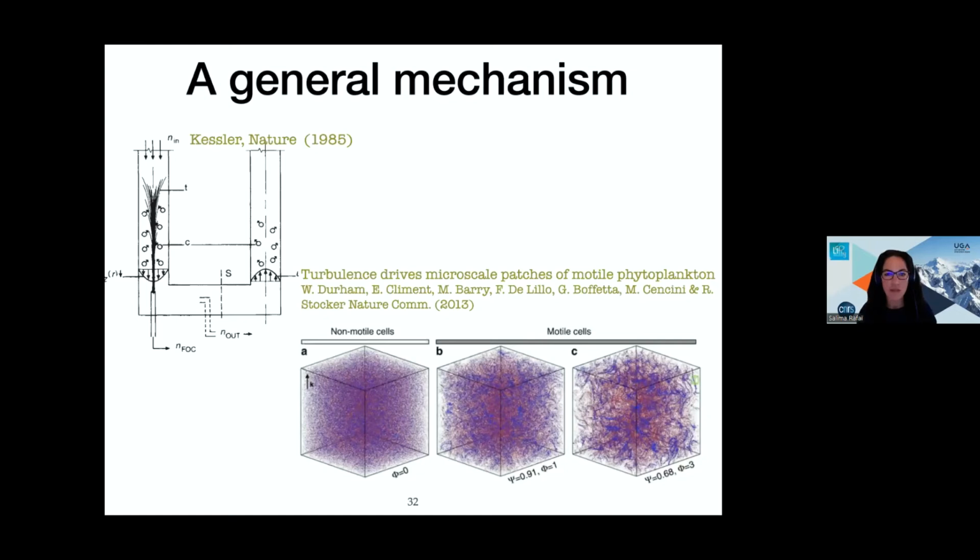So this is reminiscent of what Kessler has observed before with another taxis, let's say gravitaxis, as mentioned just before, where cells were observed to focus on the center of a pipe because of the coupling with gravity. Gravitaxis, this ability of cells to swim against gravity. So it's the same behavior.